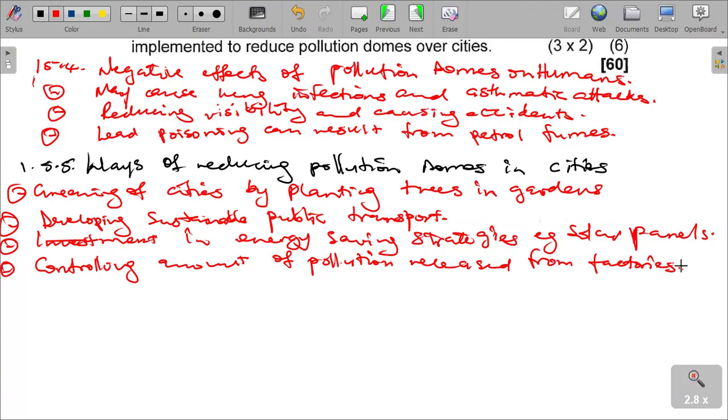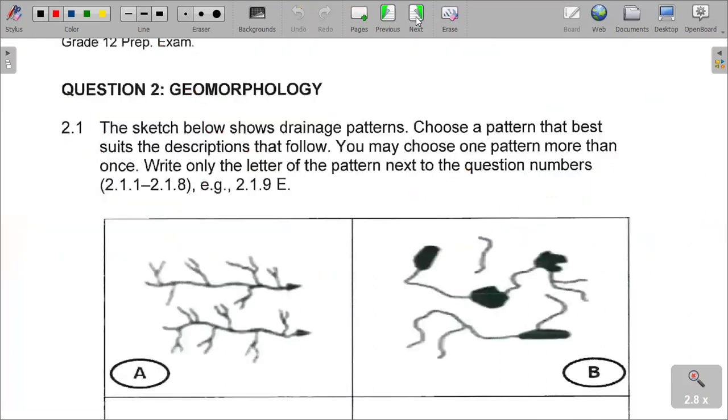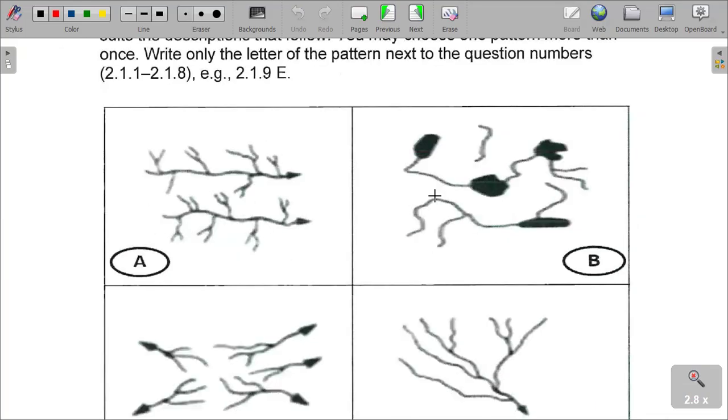Let's just go to the next question. The sketch below shows drainage patterns. Choose a pattern that suits the description, and then you write only the pattern next to the question number there.